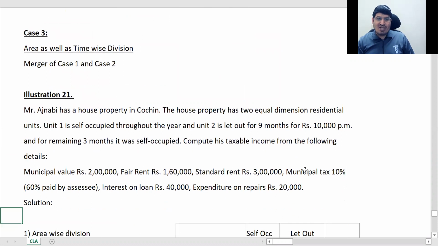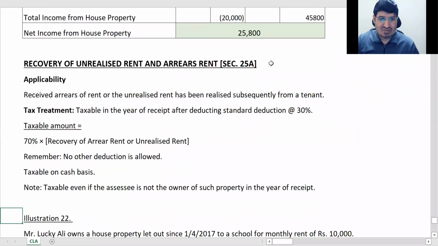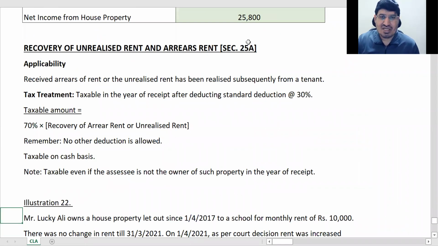Now we are going for area as well as time wise division, ठीक है। ये प्रॉब्लम will do after coming back, so because we will need continuous time.